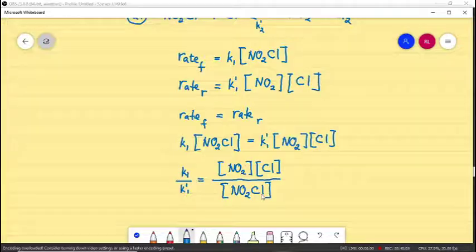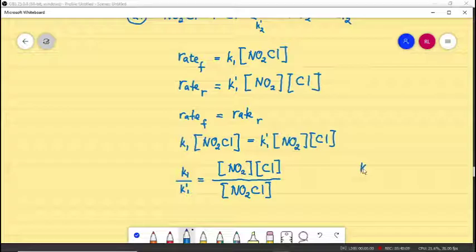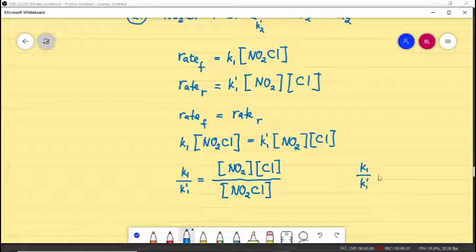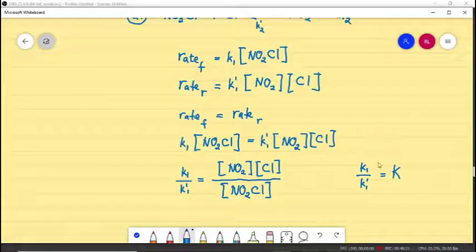So, you know that K sub 1 over K prime sub 1 is just equal to K. Okay?